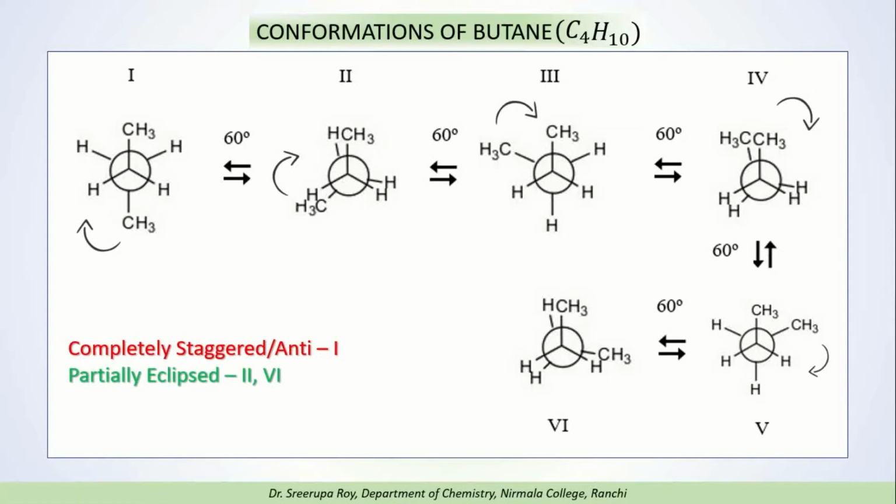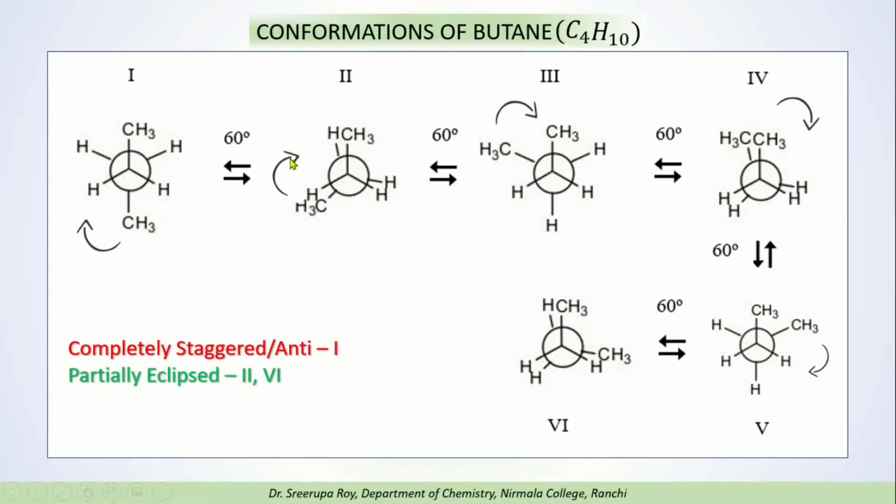Why are we saying it's partially eclipsed? Because the two methyl groups are not eclipsing each other. Rather, they are eclipsing the hydrogen atom on the other carbon. So this is a partial eclipse form. It has a higher energy than the completely staggered anti form.